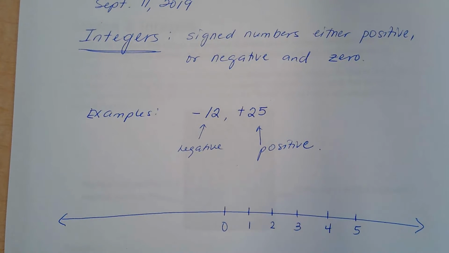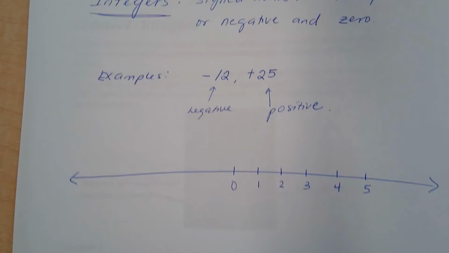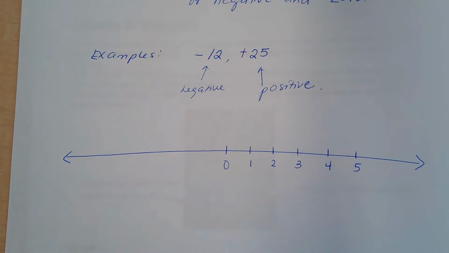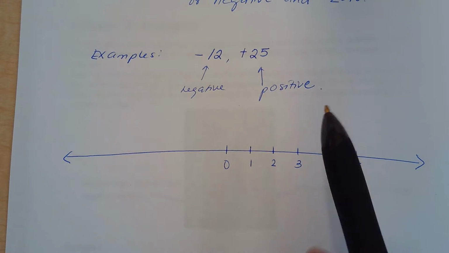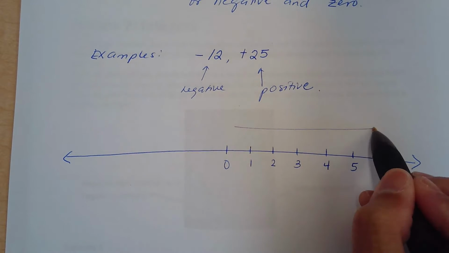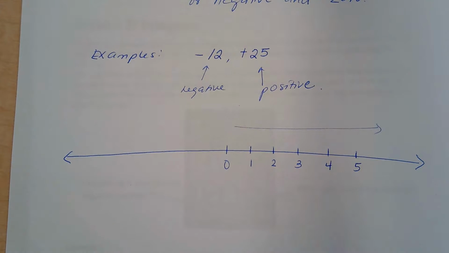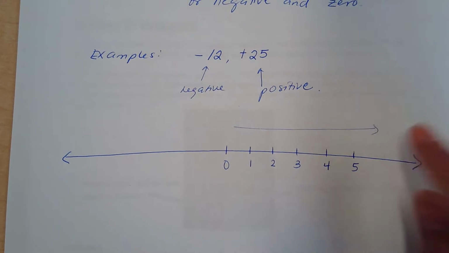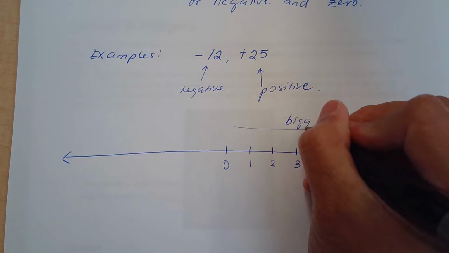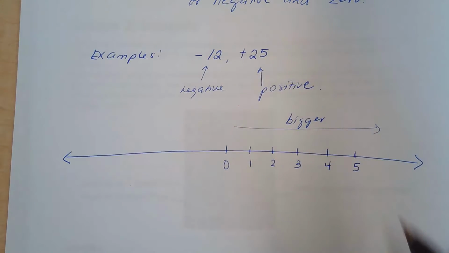So when we first started talking about numbers, maybe when we were younger, it's 0, 1, 2, 3, 4, 5, and so on, right? Keeps going. Now, as you go this way, what happens to the number? Does it get bigger or smaller? If you go to the right, it gets bigger. Now, if you go to the left, what would it be?